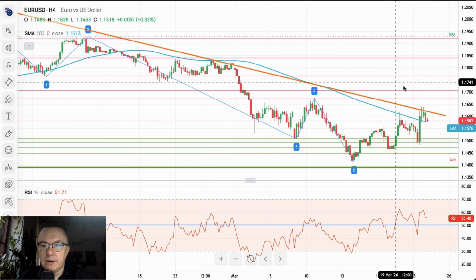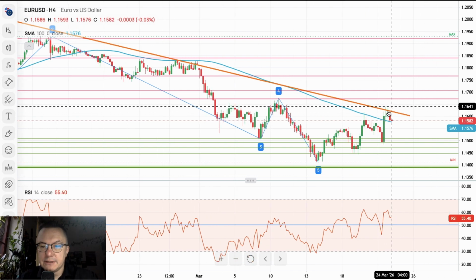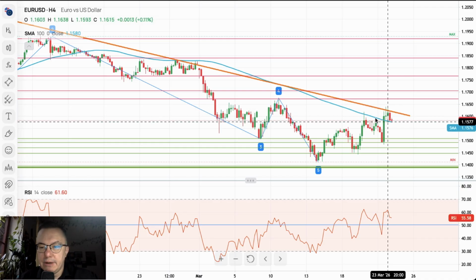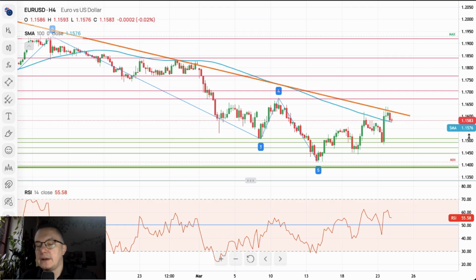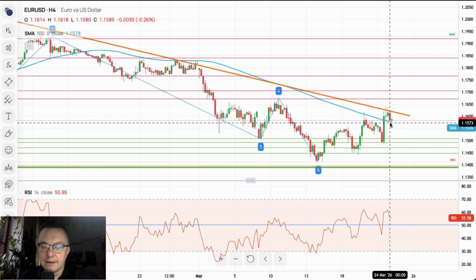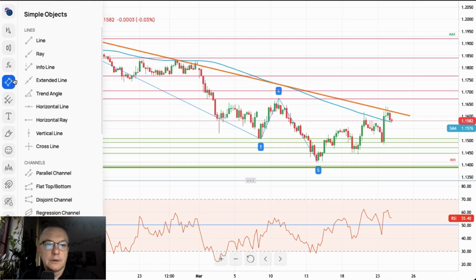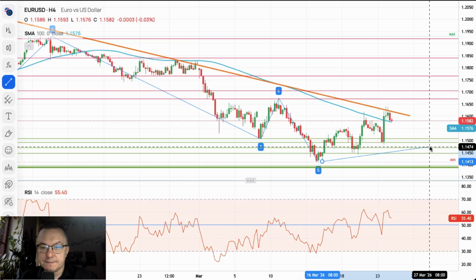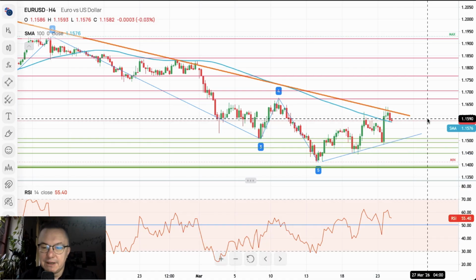So the euro dollar on the 4-hour time frame chart yet again tests the trend line and it gets rejected. As you can see, we made a local high at 1.1640, then got rejected, and we are testing the 100 periods moving average from above. 1.1576 is the 100 periods moving average. It looks like this market might be moving lower quite soon, especially because there is obviously some kind of a trend line that is waiting to be violated.